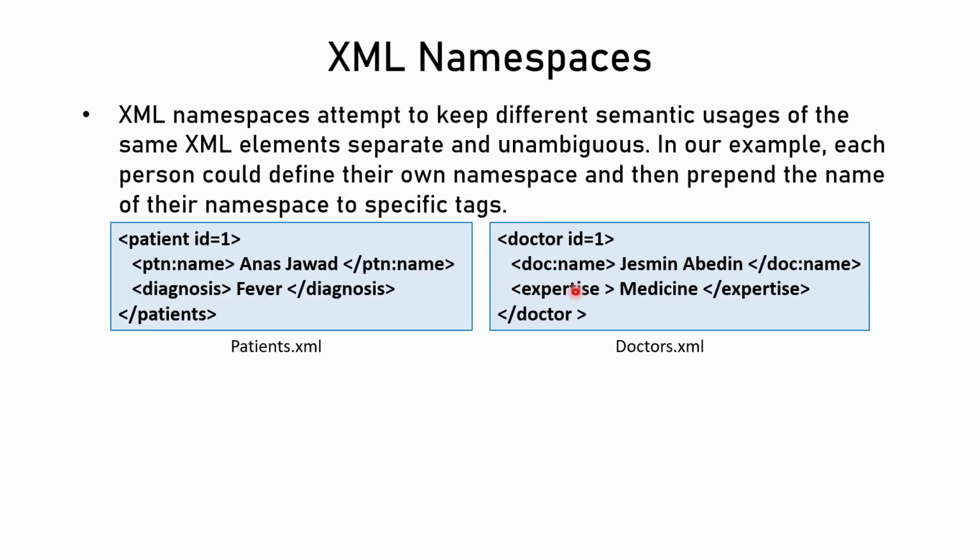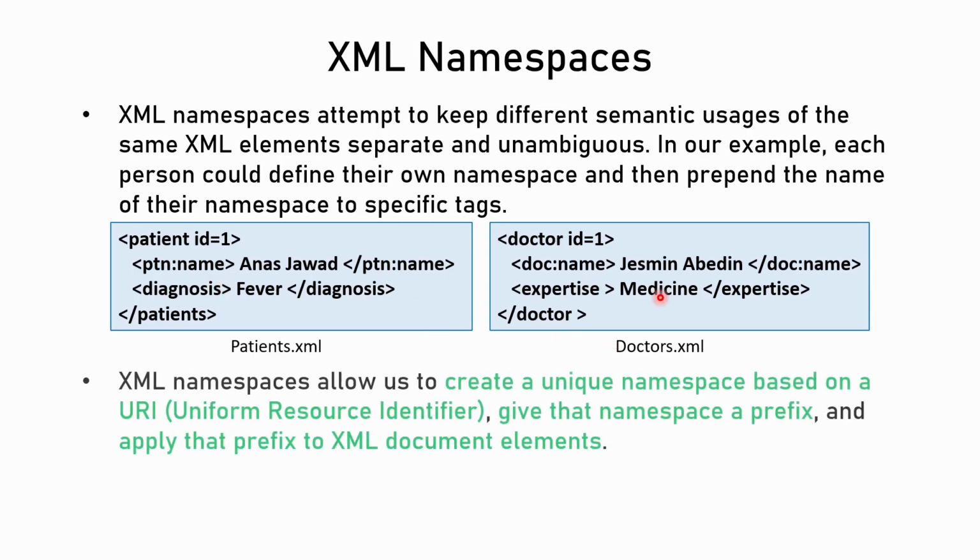So what happens now is the name element in the patient has become different from the name element in the doctor XML document, right? So now there is no ambiguity between these two documents, and our XML parser will know how to handle these two separate elements.